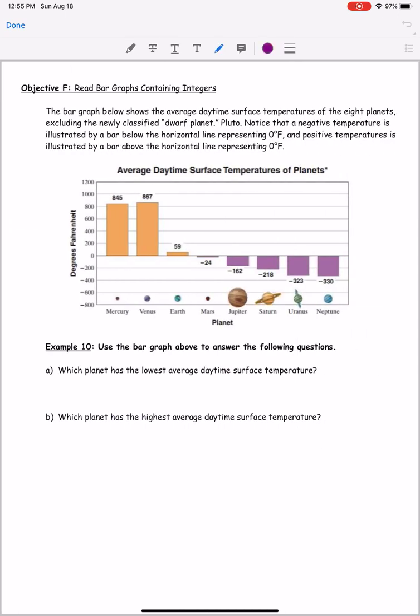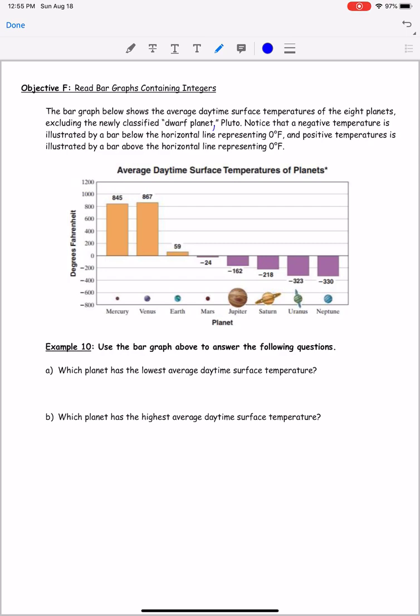And then lastly on this page here, we need to be able to read a bar graph containing integers. It says here that the bar graph below states the average daytime surface temperatures of the 8 planets, excluding the newly classified dwarf planet, Pluto. That's supposed to be a comma there.